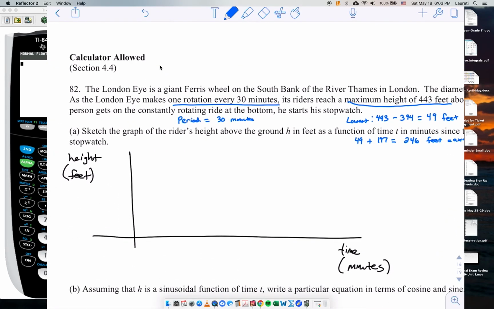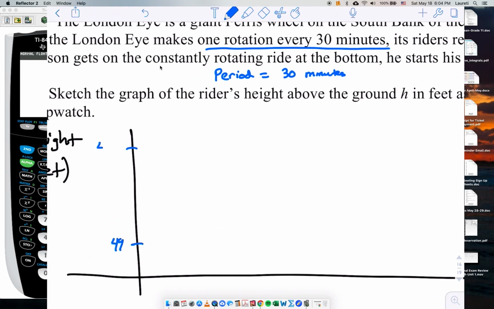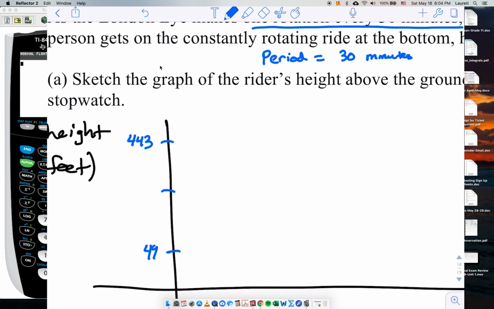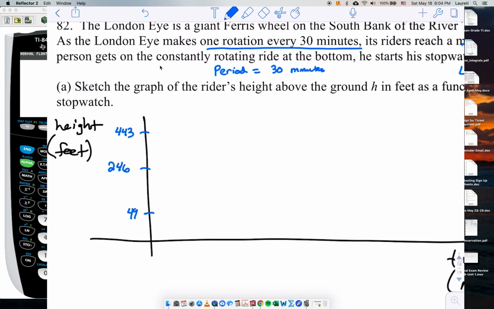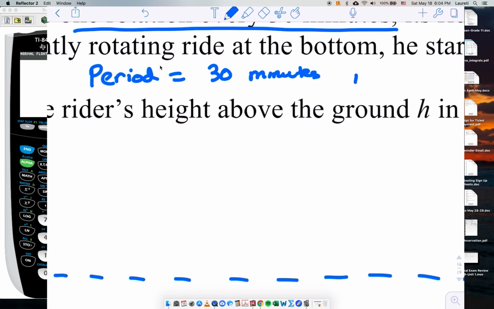All right, now he's getting on, right? Now it makes most sense to get on at the bottom, right? So the lowest would be 49, highest would be 443, and the middle of that we said was 246. Now, if it takes 30 minutes to do one rotation, if I do 30 divided by 4, that's going to give me 7.5.